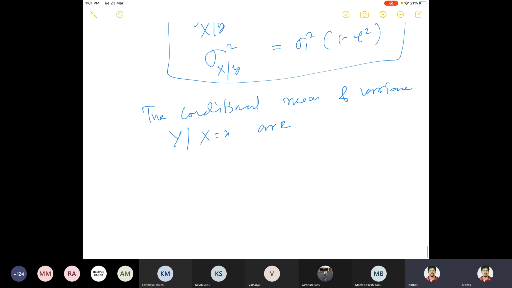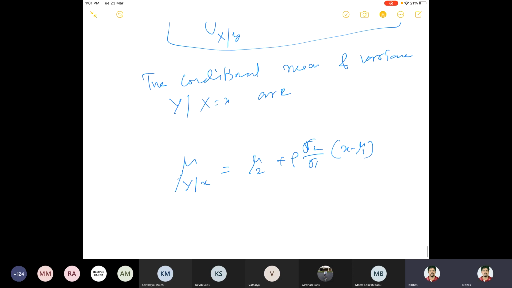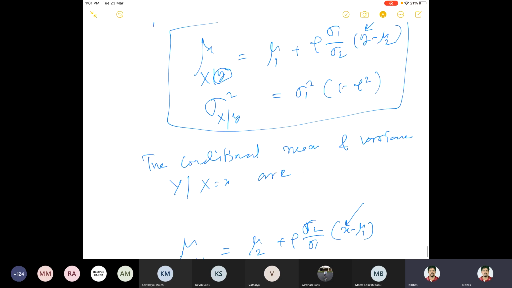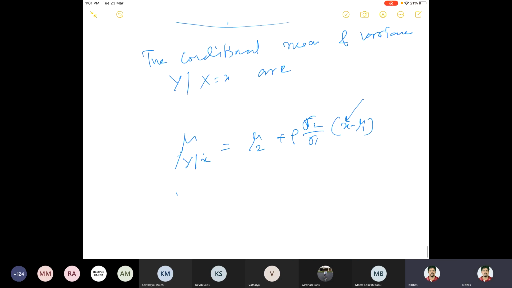So mu of y given x is mu2 plus rho sigma 2 by sigma 1 times x minus mu1. Whatever the value of x is, the same value will be put here. Similarly, whatever the value of y is, the same value of y will be used above. And sigma square of y given x is sigma 2 square times 1 minus rho square.